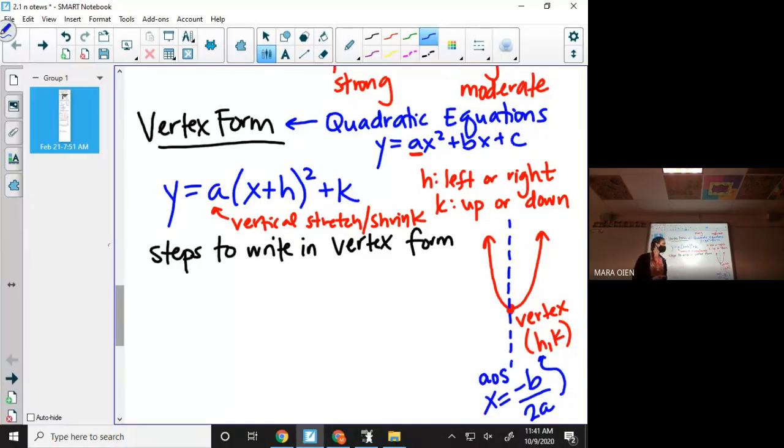So what we're going to do first, or steps for writing this, the first thing we're going to do is make sure it's written in standard form, ax squared plus bx plus c. Sometimes they'll give us problems where you'll have to FOIL something out or combine like terms and move things from one side to the other side, but you want to get it in standard form first.